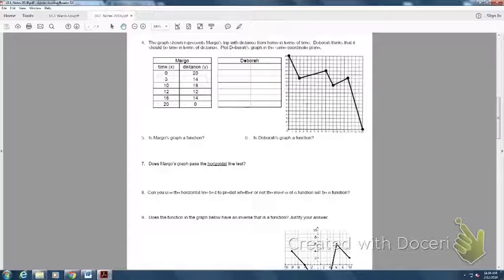So once you have that, now what was your y or your distance values are going to be your x. What was your time is now going to be your y. And then go ahead and fill those in. And then plot those points.